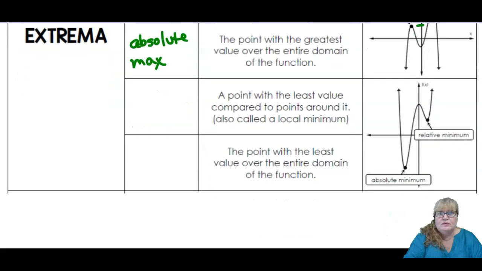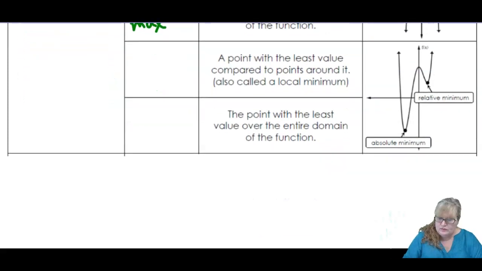All right, if we go over here, when the graph goes up on both ends, then it has a minimum somewhere, and this one actually has an absolute minimum, and then in this area it has a relative minimum or a local minimum.